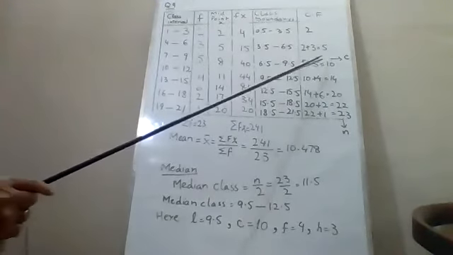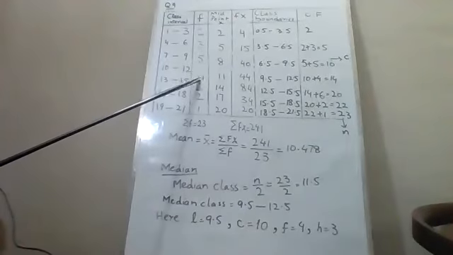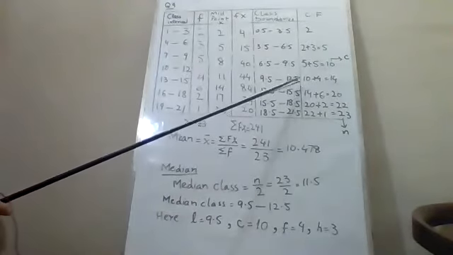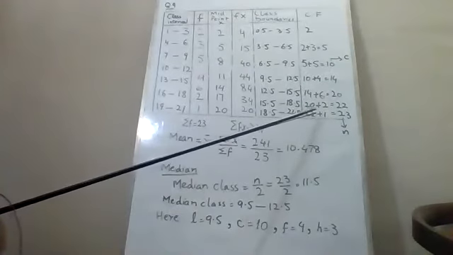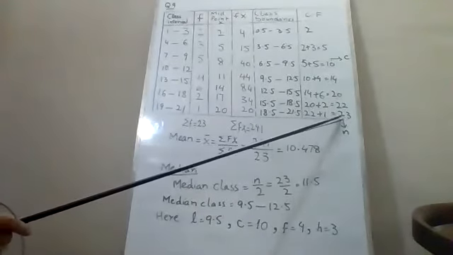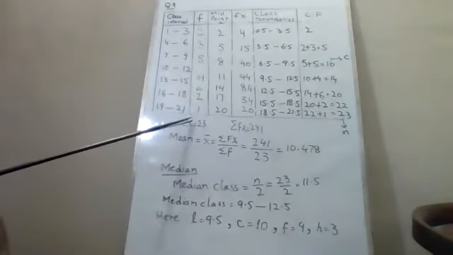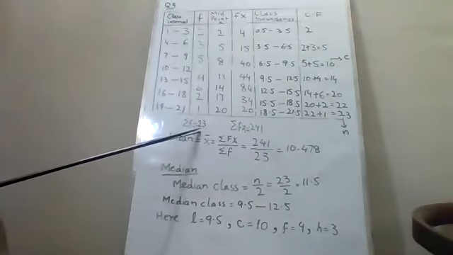Then we add this 10 to 4. So 10 plus 4 is 14. In the same way, we add all the frequencies. And at the end it comes to be 23. तमाम frequencies 23 बन जाती, cumulative frequency. This is the same number as sigma f, which is also 23.